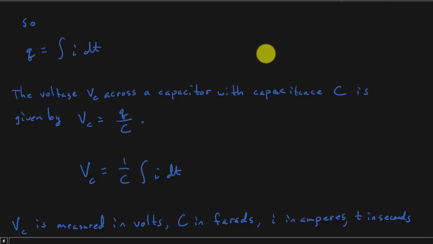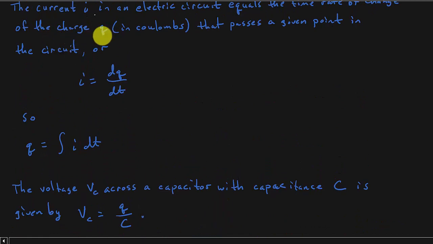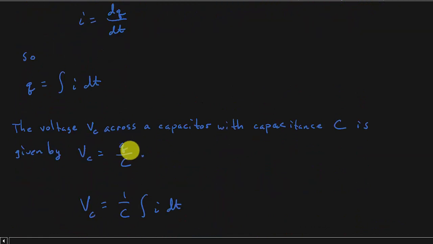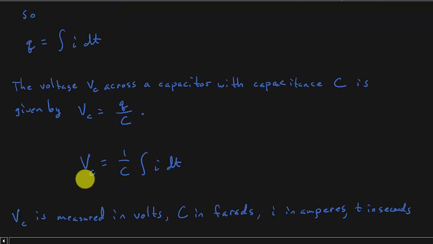Okay? And then it says the voltage V sub C across a capacitor with capacitance C is given by V sub C is equal to Q over C. All right, so V sub C is the charge over the capacitance. So V sub C is equal to 1 over the capacitance times what?